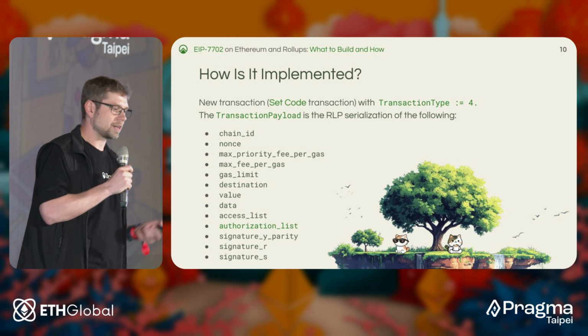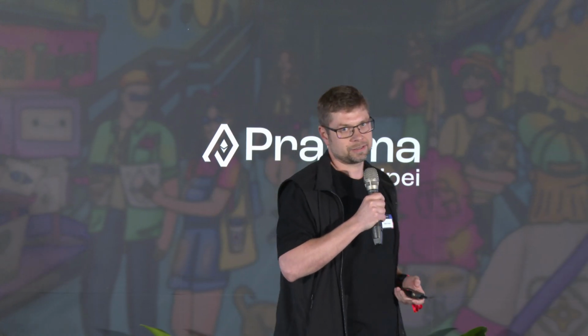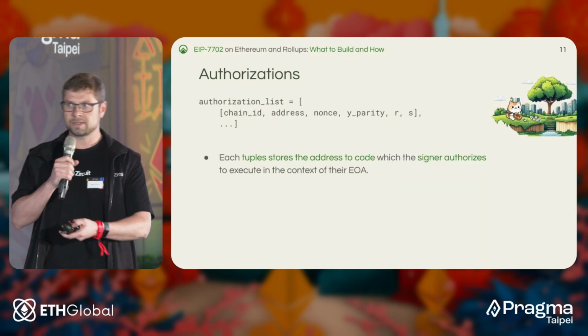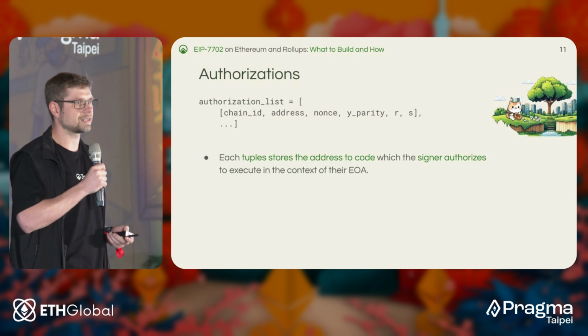And type 4 transaction is a set code transaction. And as I said, it is an absolutely regular transaction. So all these black things, they are actually already contained in every single transaction that you already submit. The new part that comes with EIP 7702 is only this part called the authorization list.